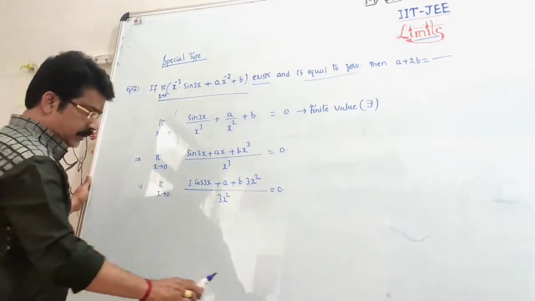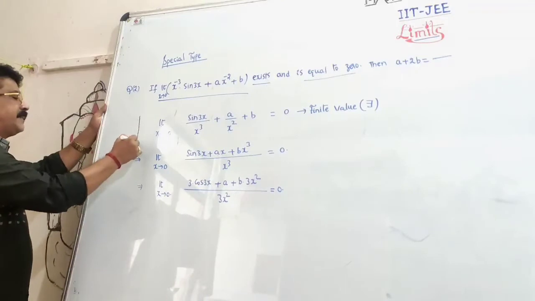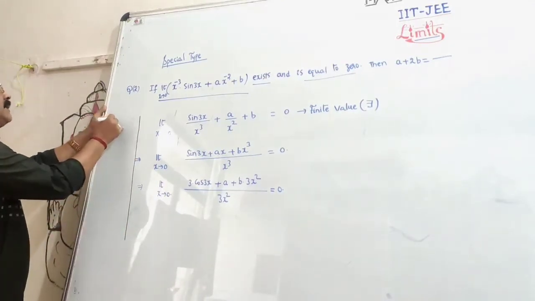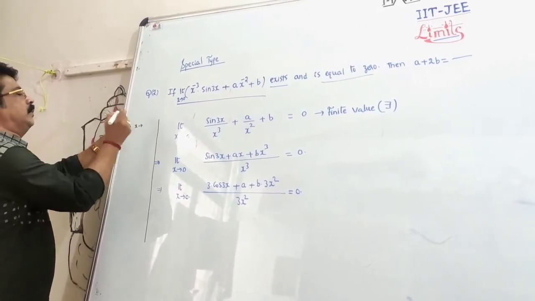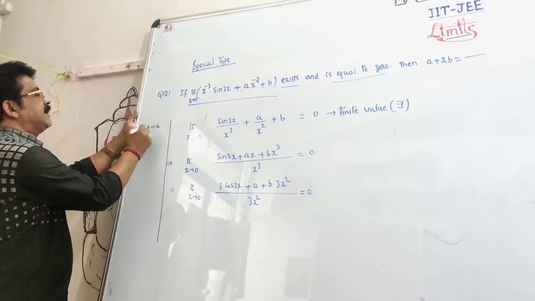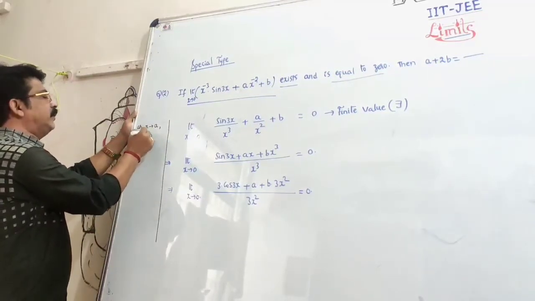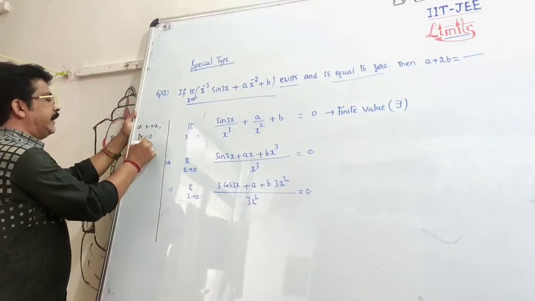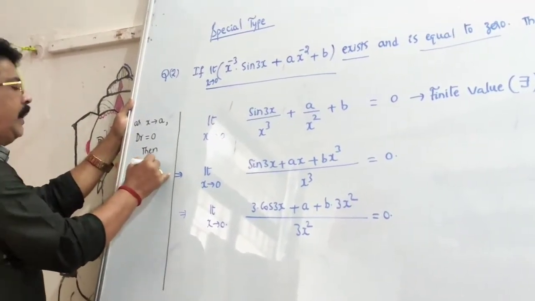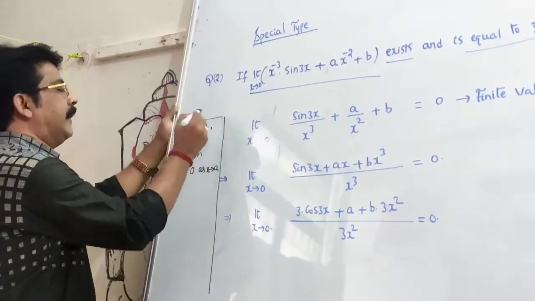Now, one tremendous concept I already said. Remember, as x tends to any point a, if the denominator is equal to 0, then the numerator is also equal to 0 as x tends to a.